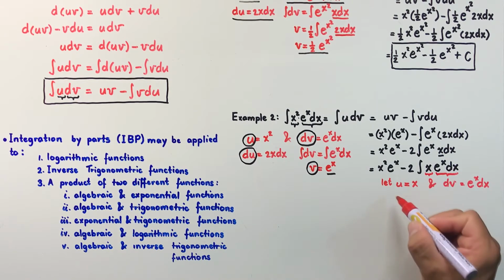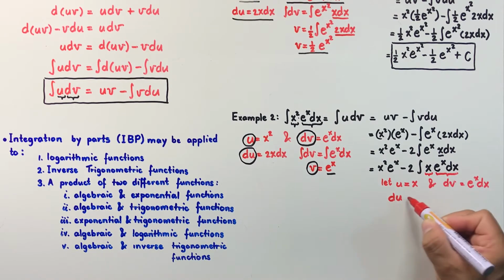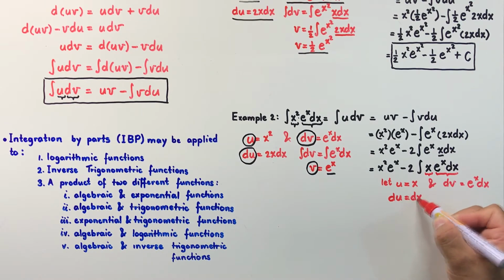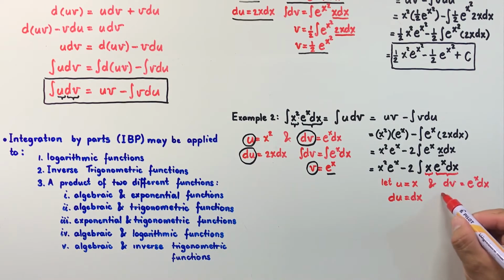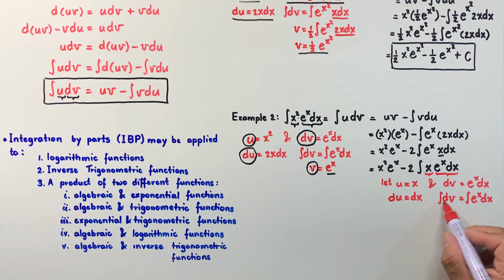So solving for our differential of u, we have dx, and solving for our v, we need to integrate both sides of the equation. So we have the integral of e to the power x dx. And we know that integration and differentiation are inverse operations to one another. Then these two cancel, so what remains is v. So v is equal to the integral of e to the power x dx, and we know that the integral is e to the power x.